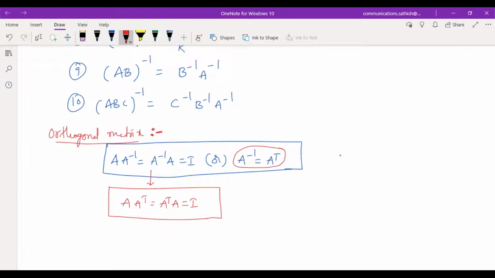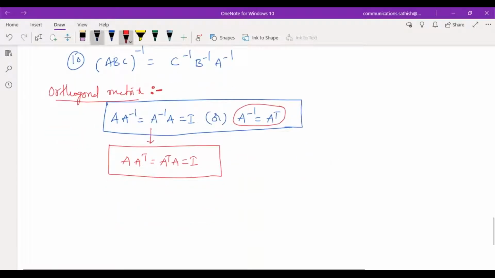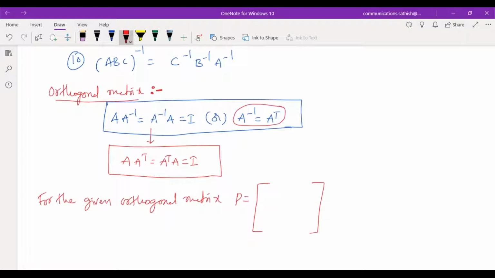Sometimes they will ask a question like that. In one of the previous GATE questions, for a given orthogonal matrix P, some matrix was given, and they asked for P inverse.